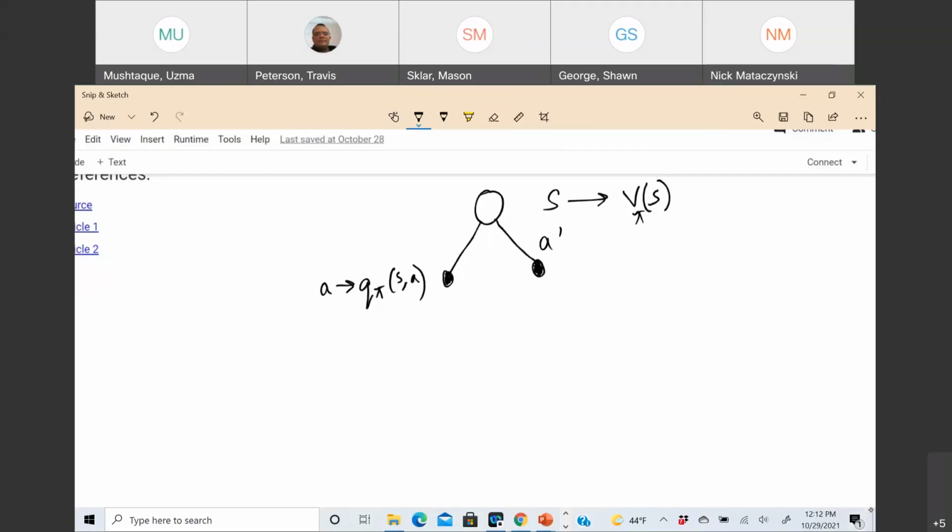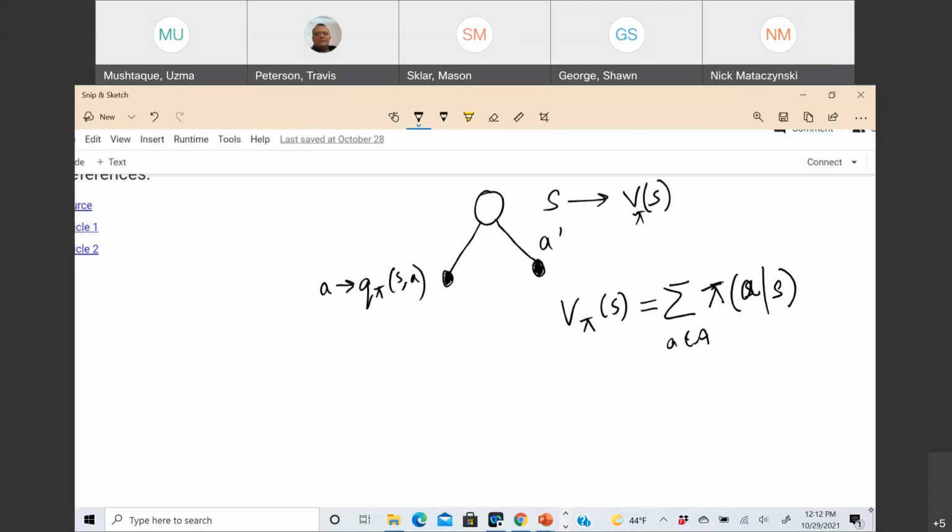Let's say I had another action A prime here, and maybe other actions available as well. So what I can do is create a relationship between V pi S and Q pi S by saying that my V pi of S is the summation over all the actions, or rather the average, where this is the probability of taking action A in state S under policy pi.